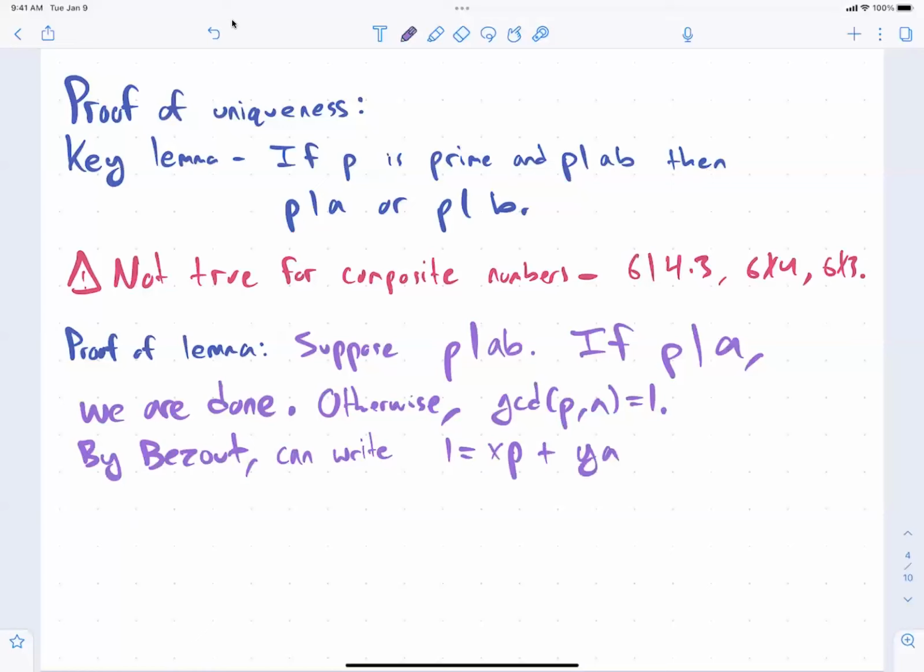So 1 is a linear combination of P and A, where X and Y are both integers.